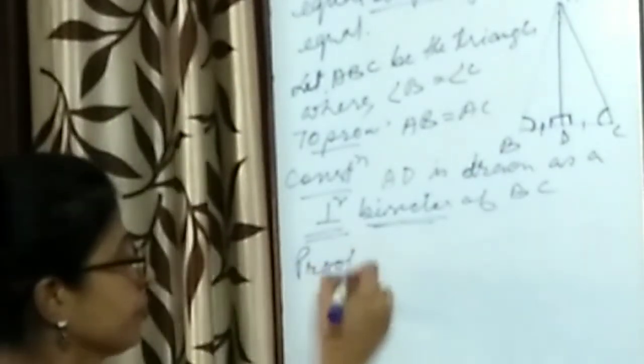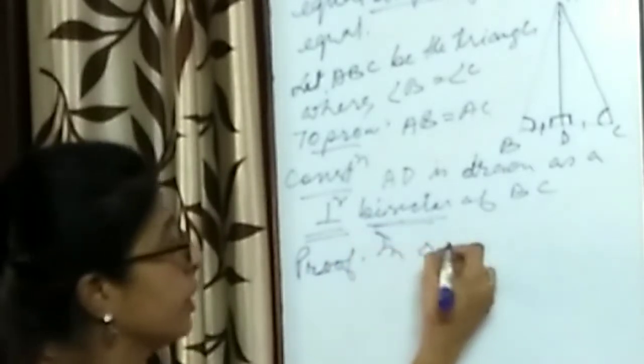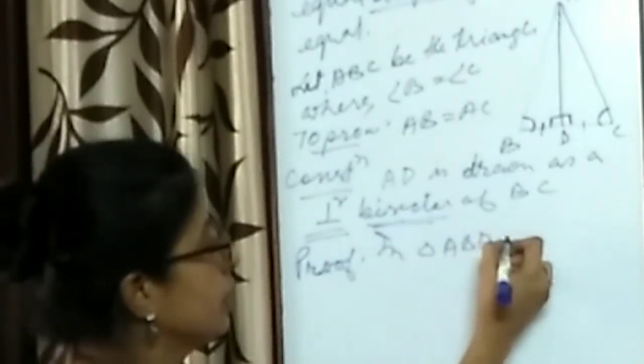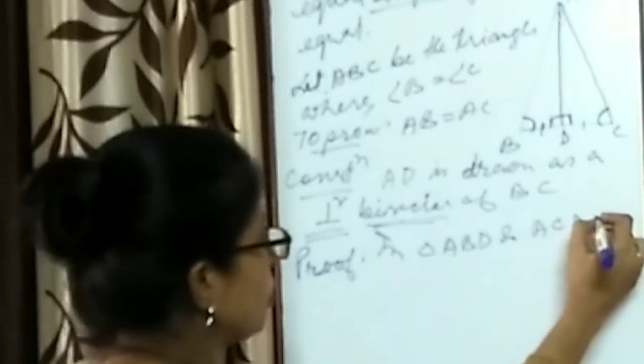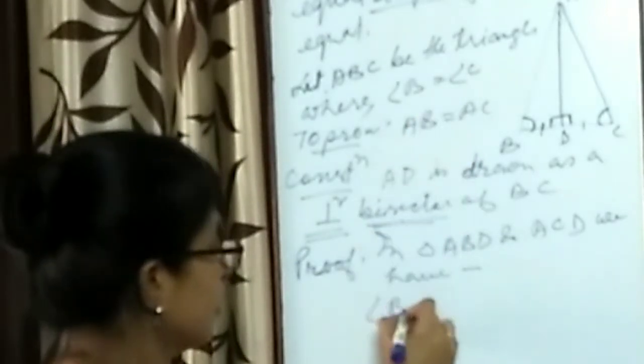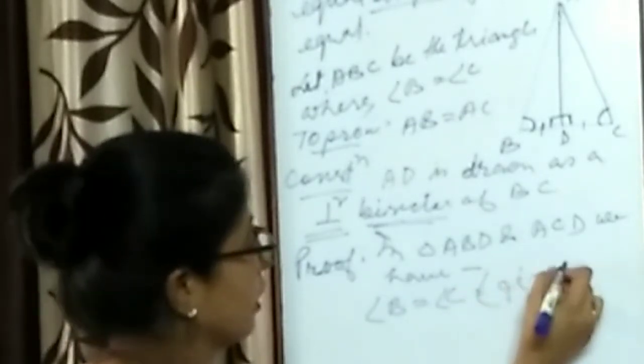Proof: in triangle ABD and ACD, what do we have? The previous point you write, B is equal to C. Here you write, given, this angle equals this angle. Angle ADB is equal to angle ADC.